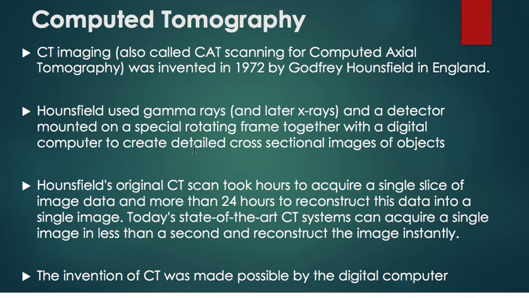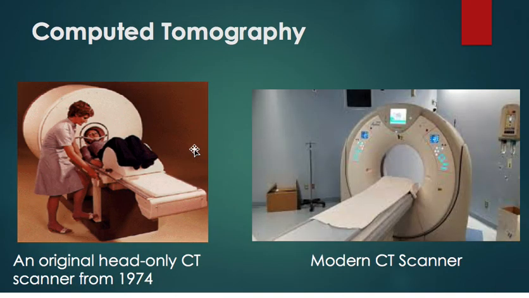Like I said earlier, the invention of CT was made possible because of the computer. We wouldn't have CT if it wasn't for the digital computer. This is one of the original CT scanners from 1974. This was just a head scanner. You can see here that nothing bigger than a head is going to fit into that. And this is today's modern scanner. This is what we call the gantry.